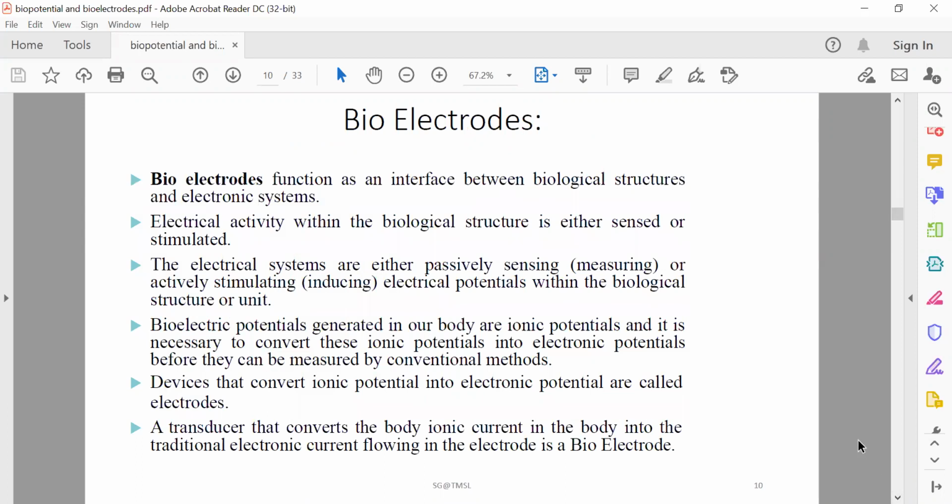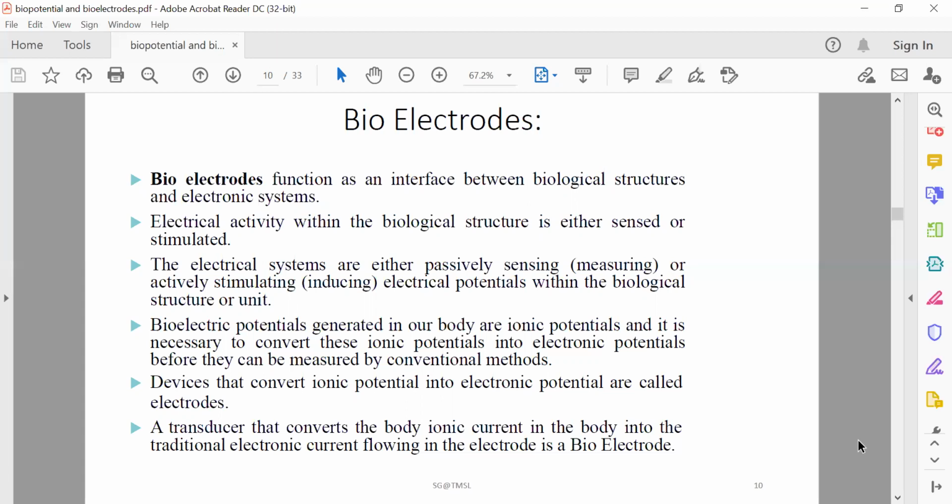Coming to bioelectrodes, bioelectrodes function as an interface between a biological structure and the electronic system, between the body and the electronic measuring device, which is very much required to measure and record these biopotentials.